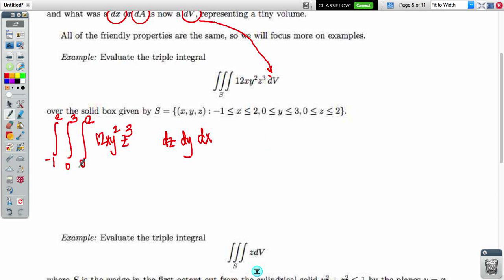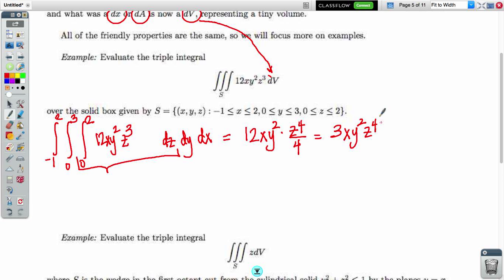So first things first. I'm going to do this little inside integral with respect to z before I do anything else. That inside integral becomes 12x y squared, all of these things are constant, times z to the 4th over 4, which simplifies then, of course, to 3xy squared z to the 4th, and we're evaluating this where z goes from 0 to 2.